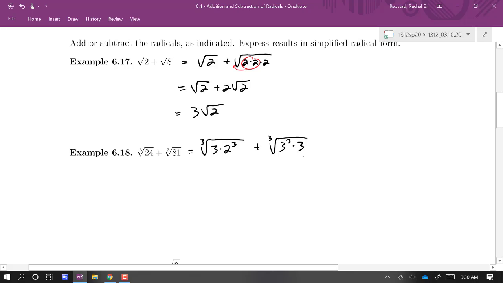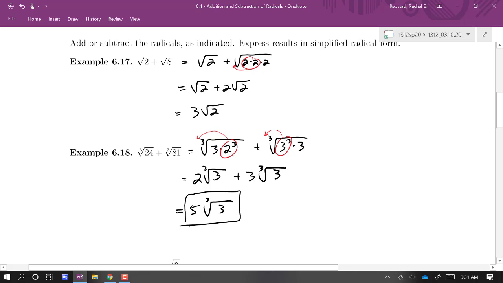So I'm looking for perfect cubes that I can take out. So we have 2 times the cube root of 3 plus 3 times the cube root of 3. And altogether, 5 times the cube root of 3.